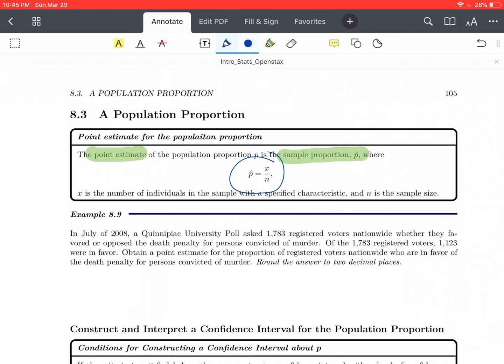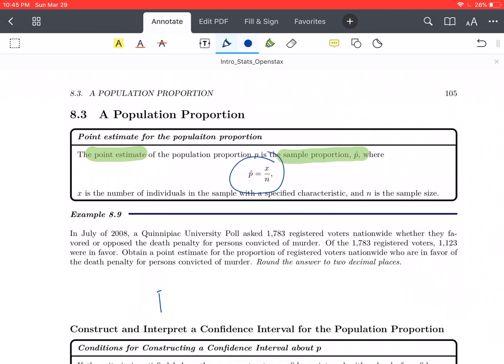Okay, so just as a reminder, in this example, this poll asked 1,783 registered voters nationwide whether they favored or opposed the death penalty for persons convicted of murder. Of those registered voters, 1,123 were in favor. Obtain a point estimate for the proportion of registered voters nationwide who are in favor of the death penalty for persons convicted of murder.